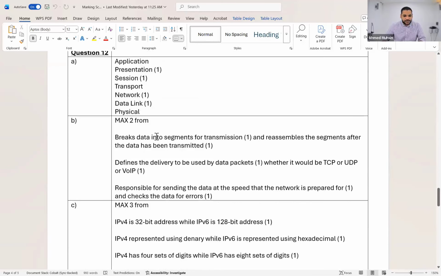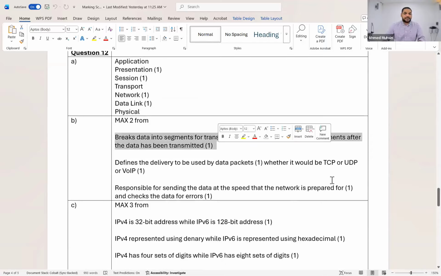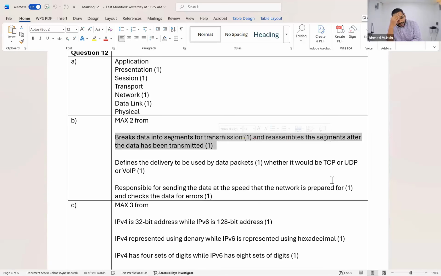Can you guys read this here? Breaks the data into segments for transmission and reassembles the segments after data has been transmitted. There is a third answer also. Responsible for sending the data at the speed that the network is prepared for and checks the data for errors. This is somewhat similar to what we said over here, right?